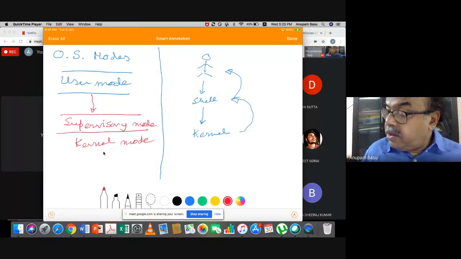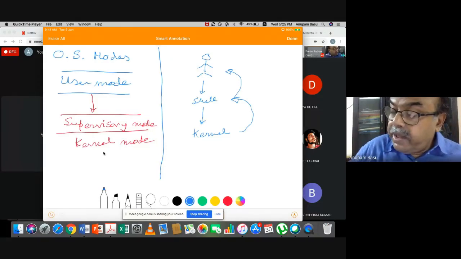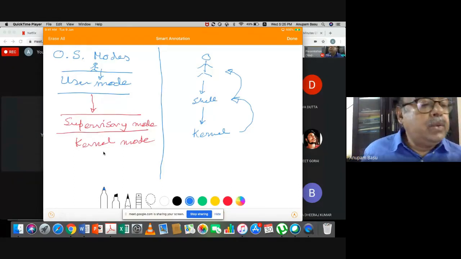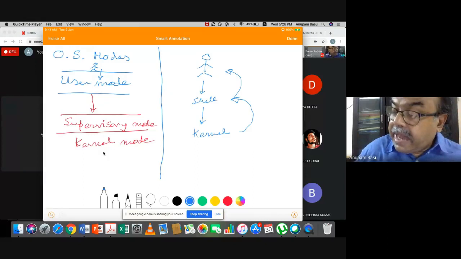If I draw the user here, the user is actually interacting with the user mode and cannot directly go into the supervisory mode.